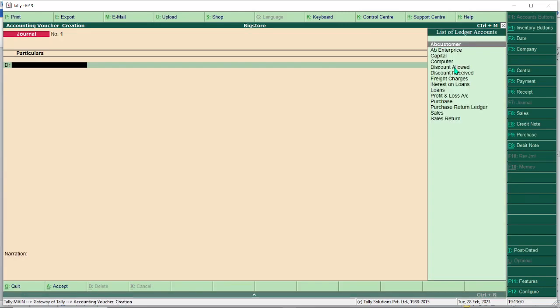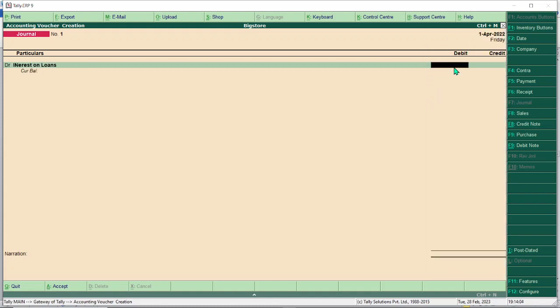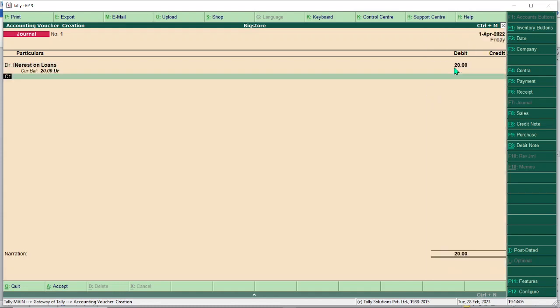Okay. Select journal mode and then I select interest on loan. It is 280 rupees as I have seen, 280 rupees.